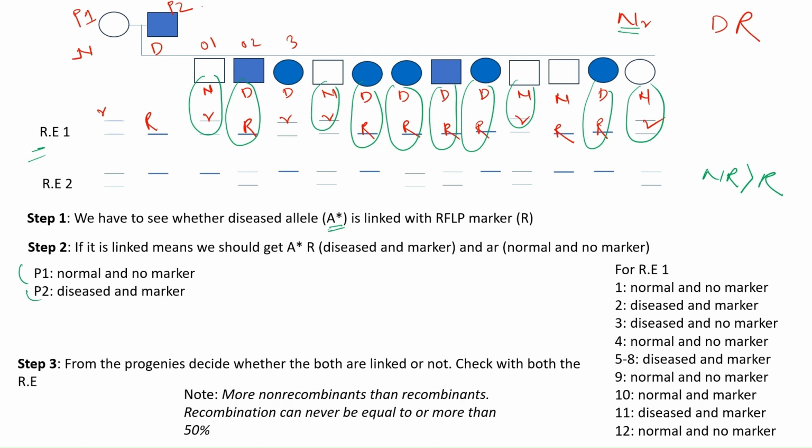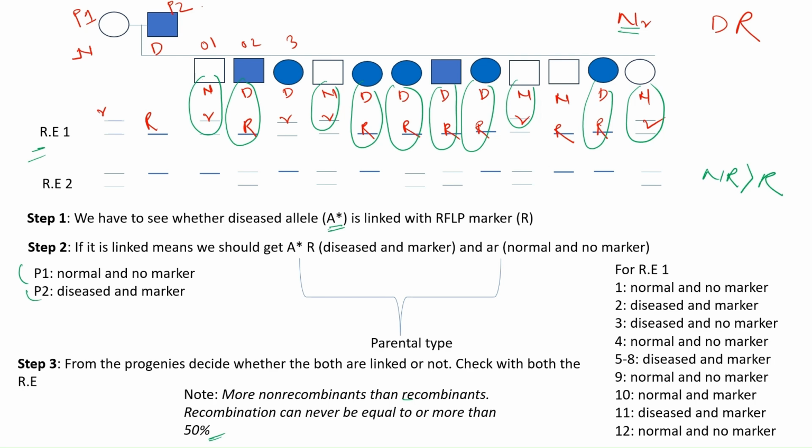As I told you, more non-recombinants than recombinants means linked genes. Recombination can never be equal to or more than 50%, that we know already because we learned it from quite a few videos. Clear? So for restriction enzyme 2 also, the way I showed you, you have to perform the same thing to see whether the second restriction enzyme is also linked with this particular gene or not.